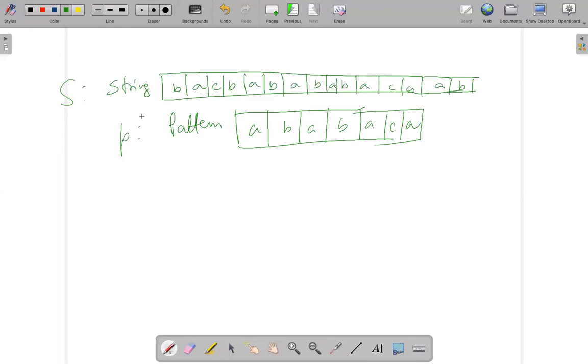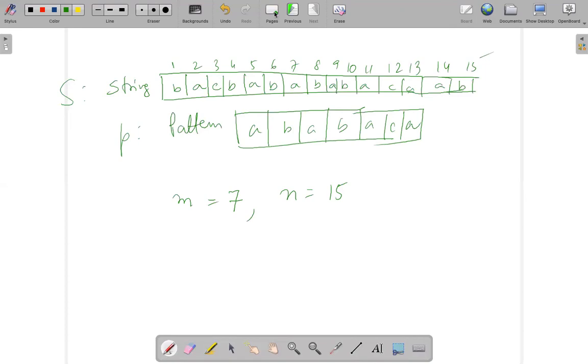So now we will start executing the algorithm that we have written just now. Initially, m is 7, n is 15. 1, 2, 3, 4, 5, 6, 7, 8, 9, 10, 11, 12, 13, 14, 15.